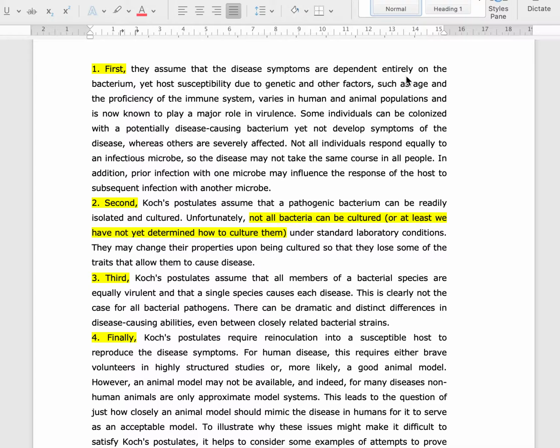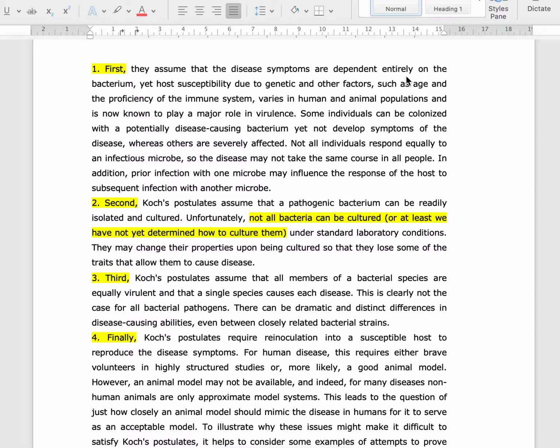That means if the pathogen is present, the host should be diseased, which implies that the disease is solely dependent on the pathogen itself. But now we know that it is not true, right?